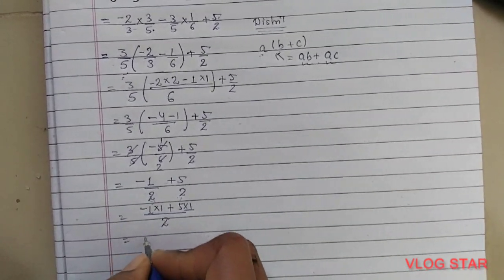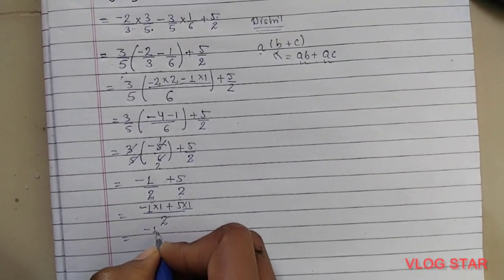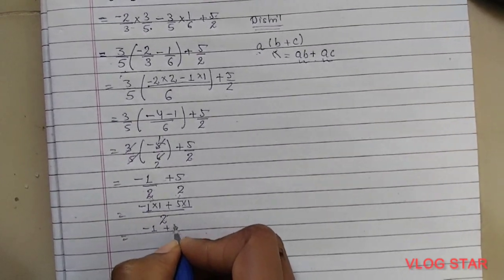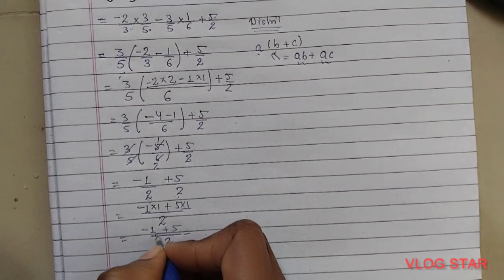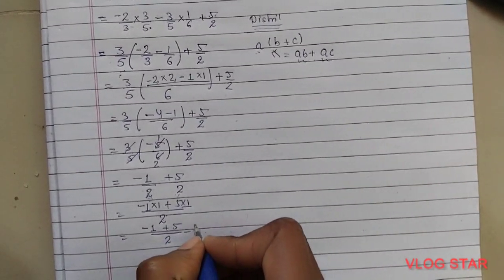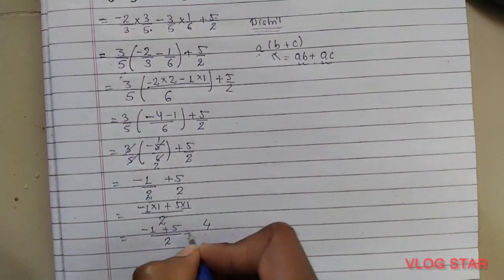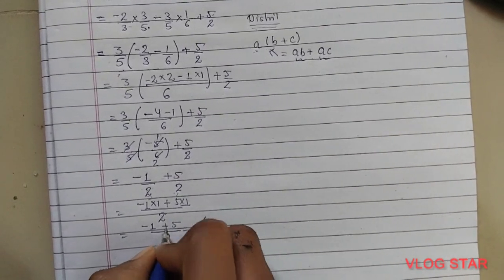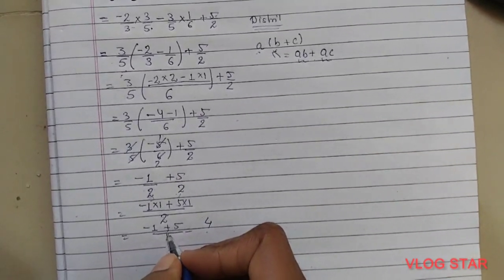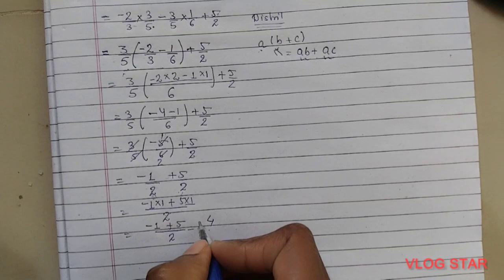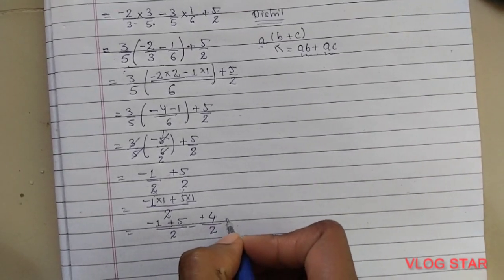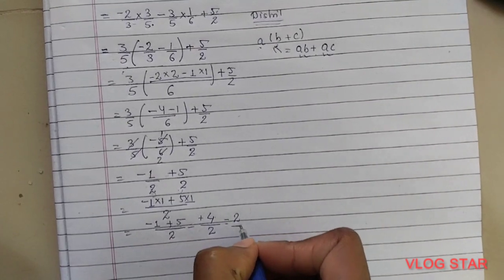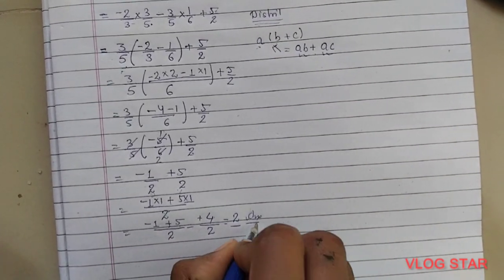Okay, now after solving this, minus 1 is minus 1, plus 5 into 1 is 5, divided by 2. After solving this, I will get 5 minus 1 is 4, and I will take the sign of the bigger number. Which is bigger? 5 is bigger, so here will be positive 2. Now 4 divided by 2, what you will get? You will get 2. So here is our answer, 2 is our answer.